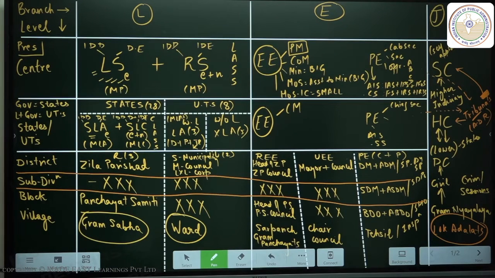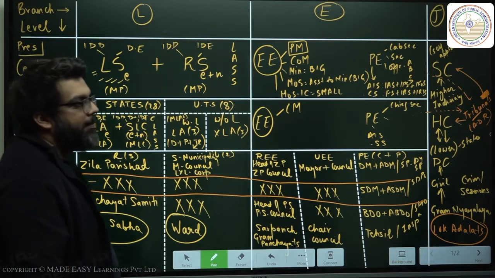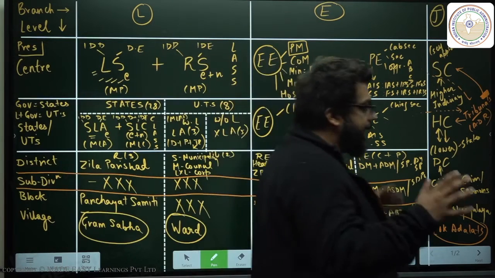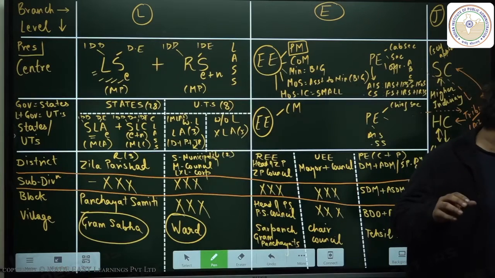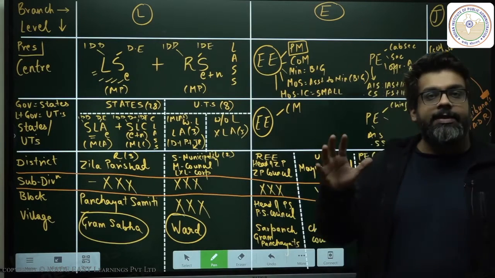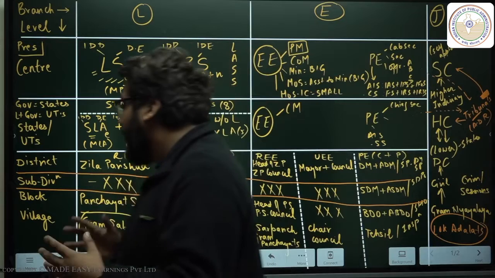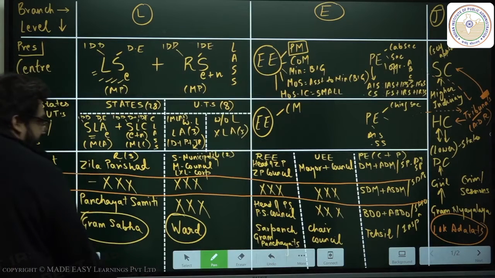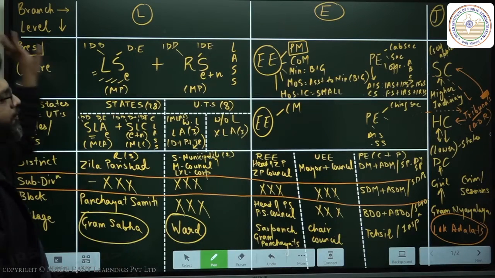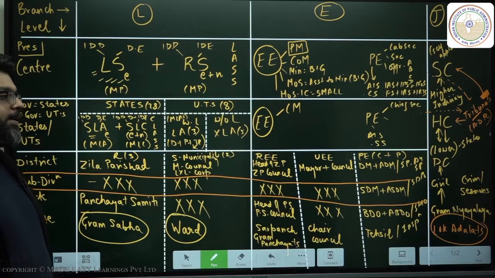Now, the purpose of me making you draw this entire table is that now you can visualize the entire country sitting at home. Everything in polity is the study of all the variables that we have mentioned here.